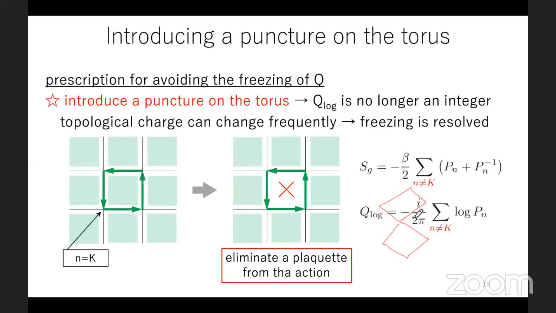In this case, we cannot simply define a topological charge which gives exactly an integer number. A definition of topological charge which gives an integer is a very special property of two dimensions. It's not for 4D, so the situation is very different.